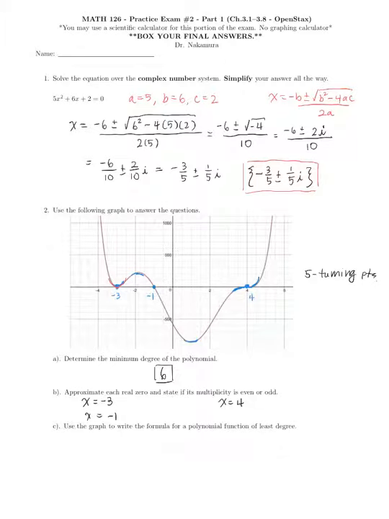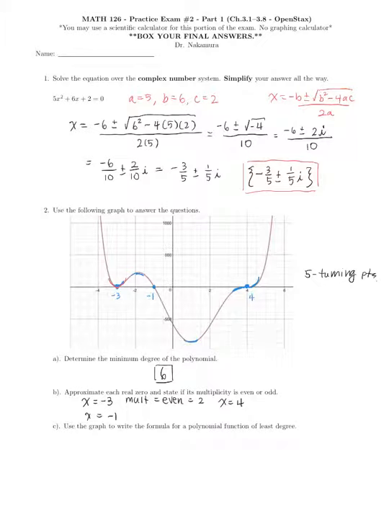So the degree should be 2. I'm going to say that at x equals negative 3, the multiplicity is even, and probably it's going to be maybe 2.